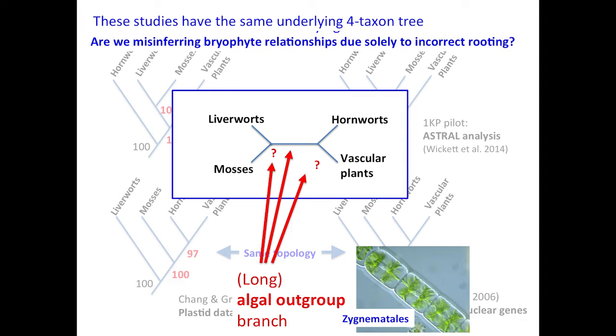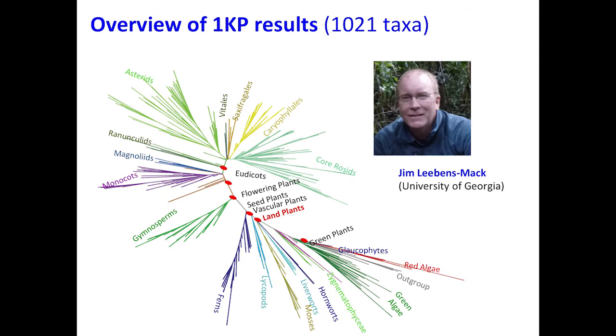I think what we have here is a classic long branch attraction problem. So that's a problem where we have a short intervening branch that separates major groups that might be on long branches, where there might be a long outgroup, and there definitely is in this case. There's a very long gap between the land plants and the closest green algal relatives in terms of time.